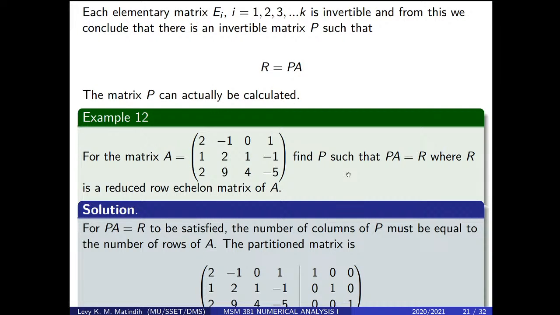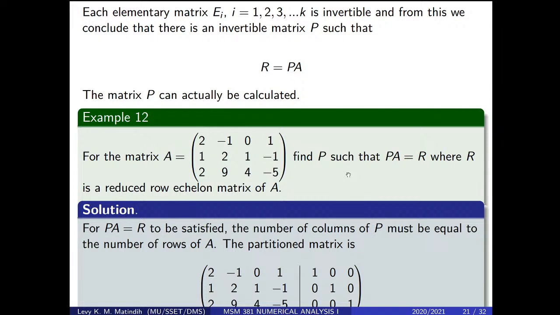We are going to handle this question by applying elementary row operations on the partitioned matrix comprising the matrix A and the identity matrix of the same order as matrix A.